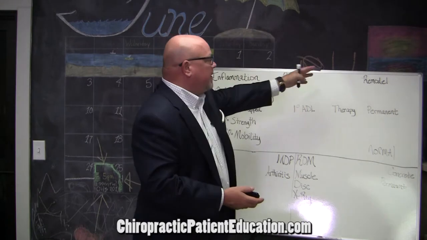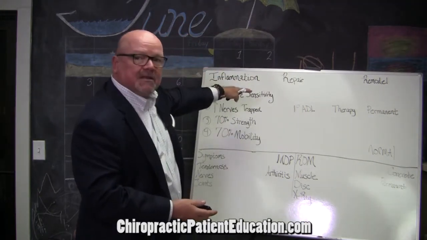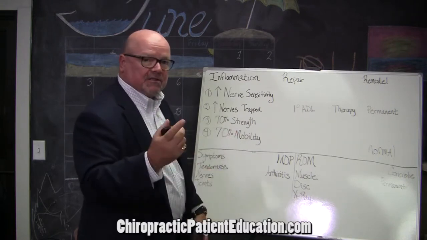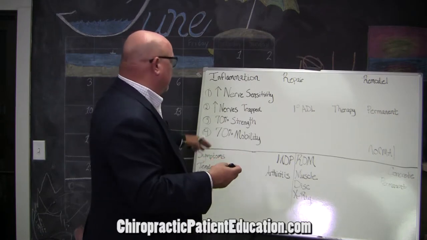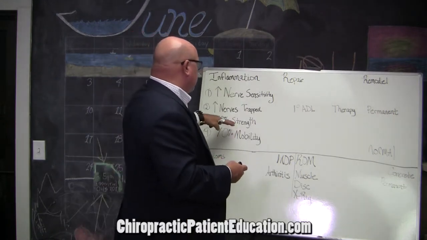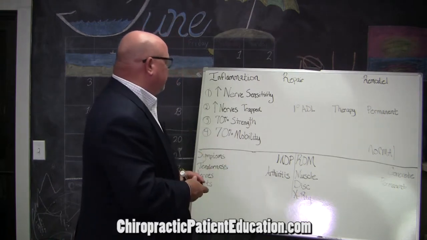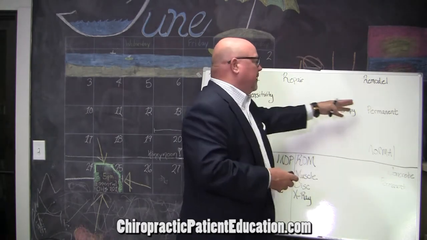So we got the big whiteboard, goes in every room you're interacting with the patients. We got the big picture up front, 3 phases of healing. We got the 4 negative aspects that everybody's got to worry about relative to healing. That's what causes pain, restrictions, nerve sensitivity, nerves trapped, strength, mobility, more pain and decreased mobility. And then this is the formula.